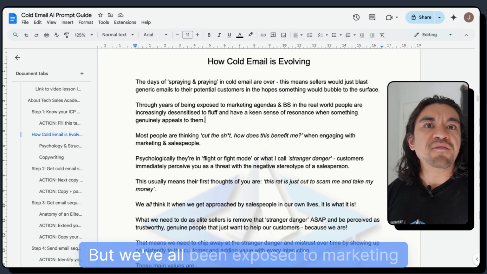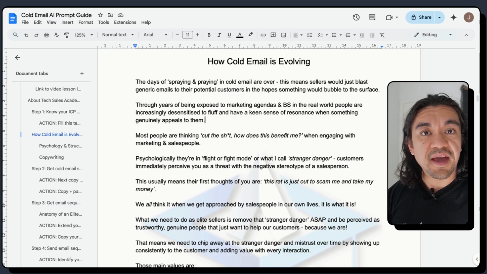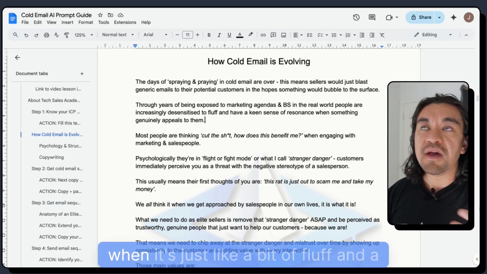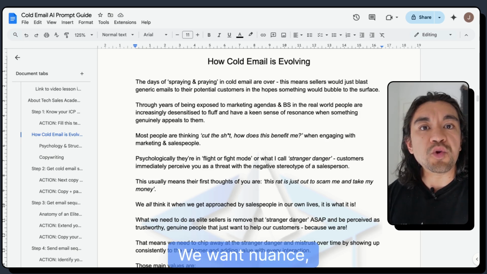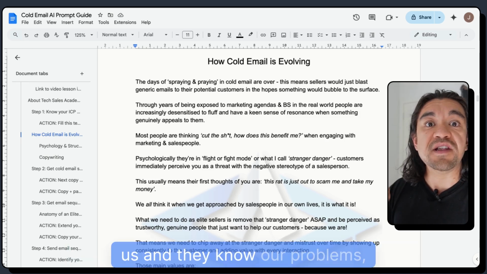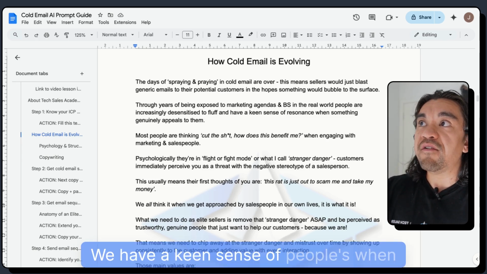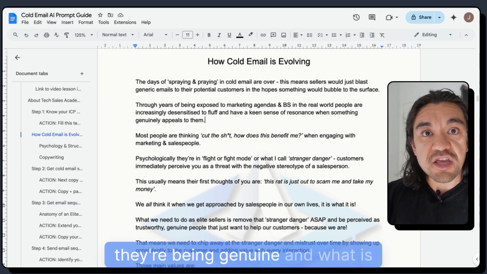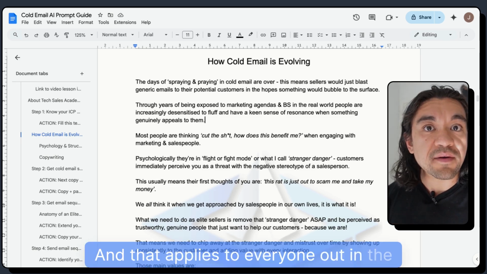But we've all been exposed to marketing bullshit for years now. We can tell when something is guff, when it's just fluff and nonsense. We want nuance, we want detail. We want people to show us that they know us and they know our problems, okay? We have a keen sense of people's bullshit, of when they're being genuine and what is actually valuable to us, and that applies to everyone out in the world.